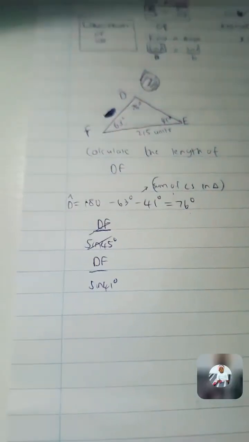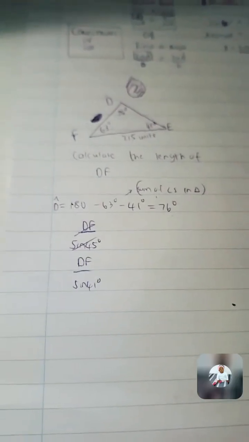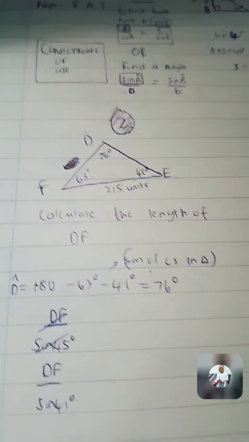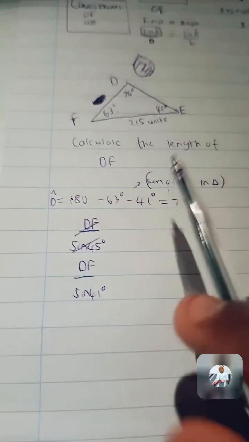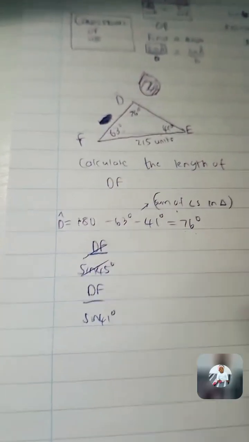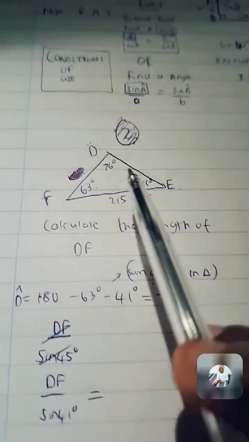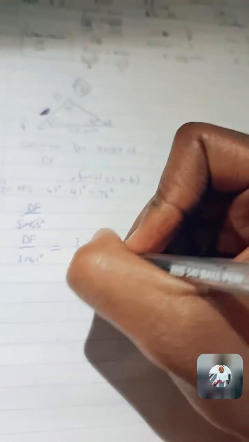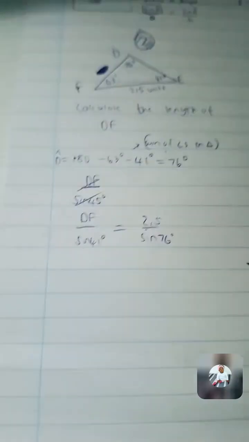So DF over sine 41 degrees is equal to 2,5 over sine 76. Exactly. Sense made.